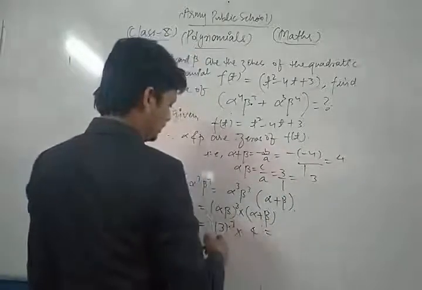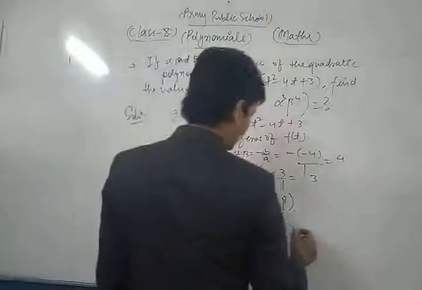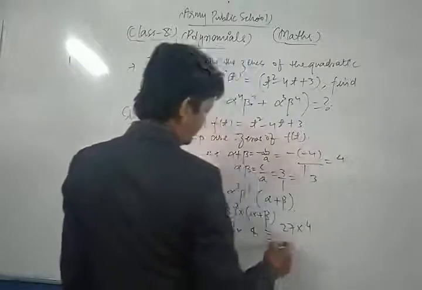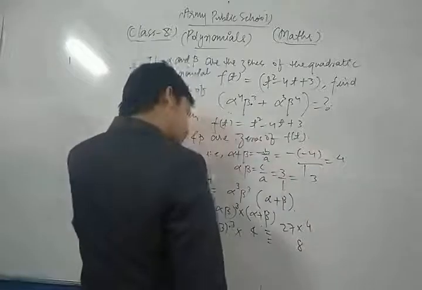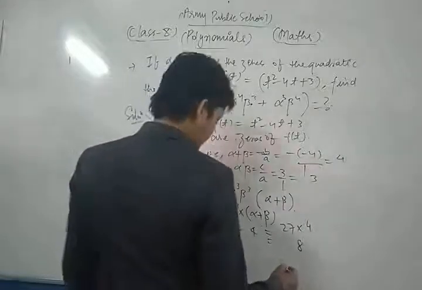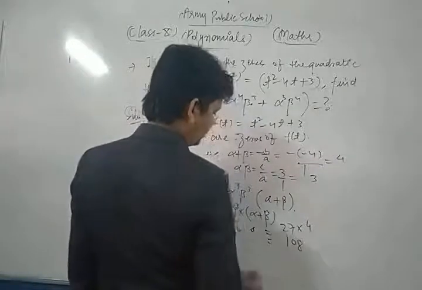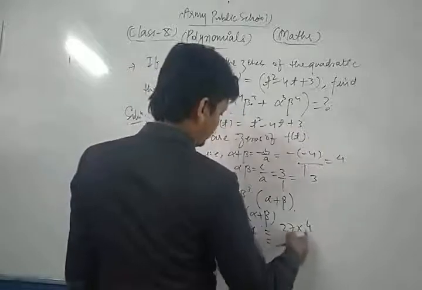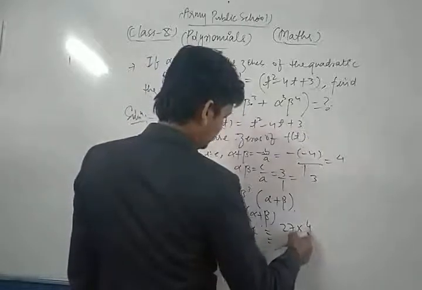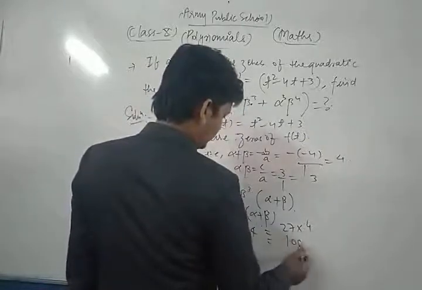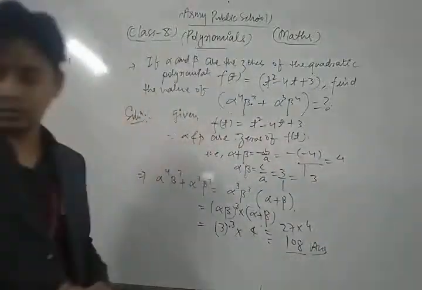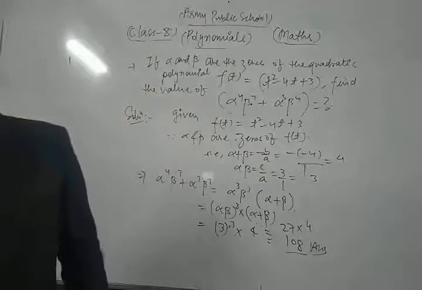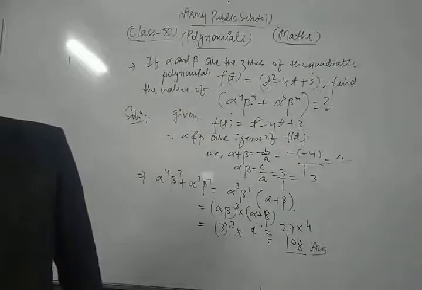So we get 27 into 4, which is 108. This is the required solution of the given question.